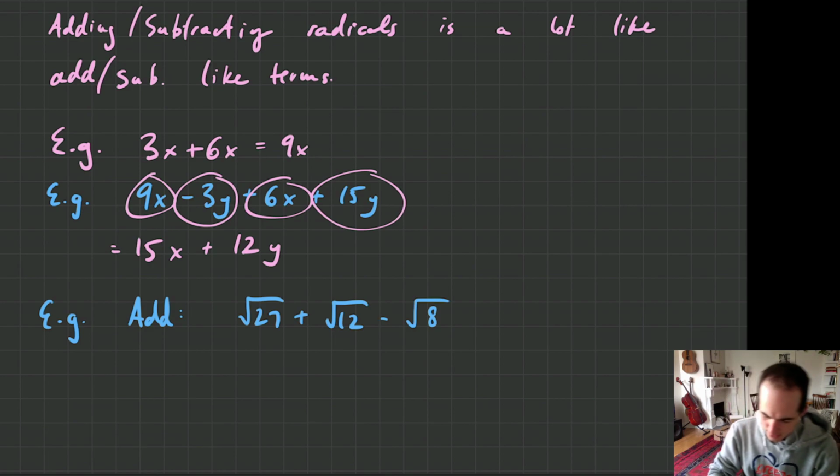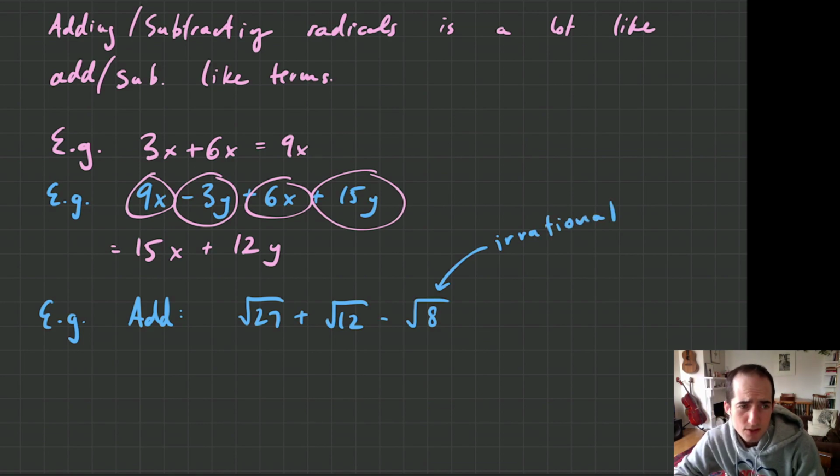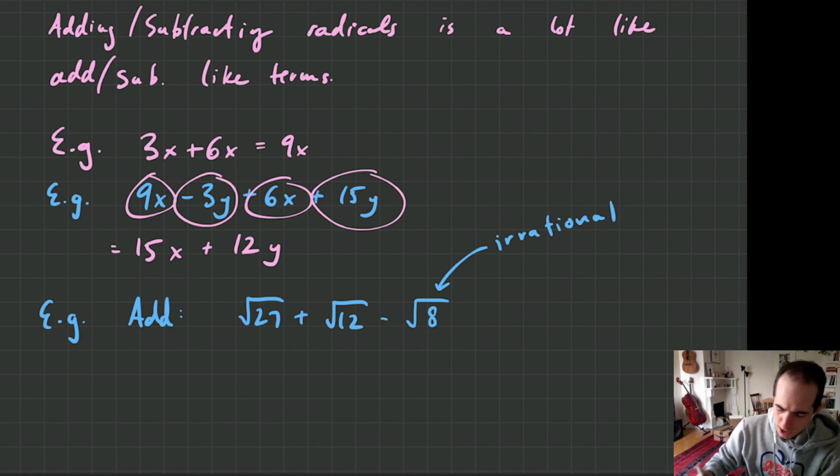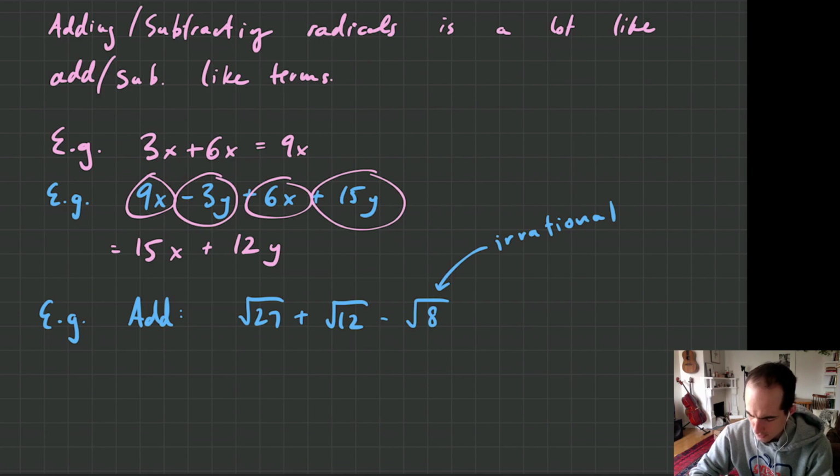But something that we'll probably see a little bit later is that these are all irrational numbers. All of these are irrational numbers. So the way radicals work is that either you get the square root of a perfect square, which is going to be some kind of rational number. So you could have like the square root of 16.